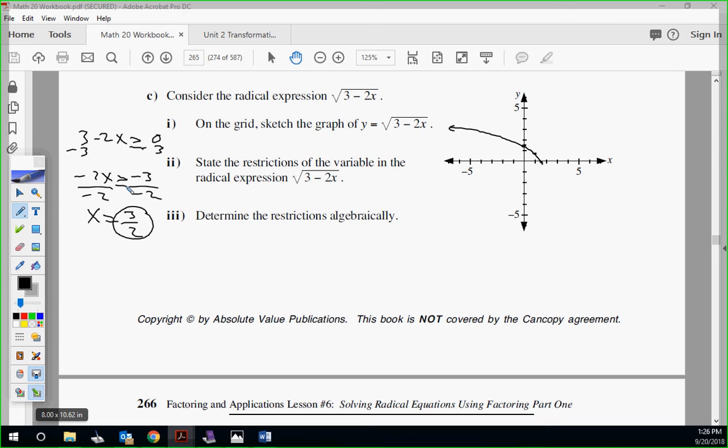You should know this from 9th grade. Whenever you divide an inequality by a negative, you have to flip it. So this becomes less than or equal, which makes the graph go the less than way. That's why it changes direction. So that's our restriction: x less than or equal to 3 halves.